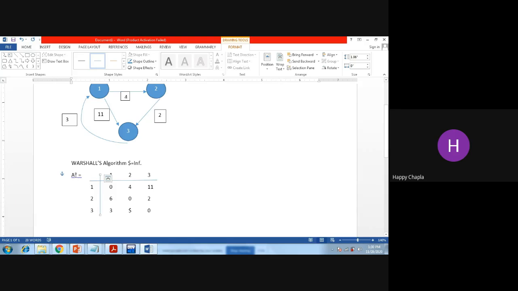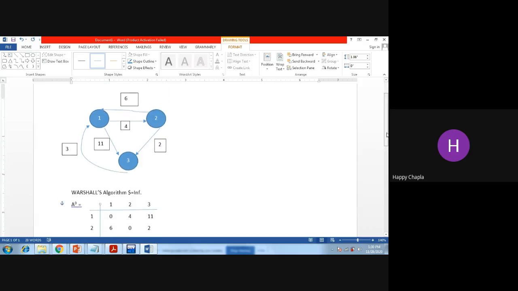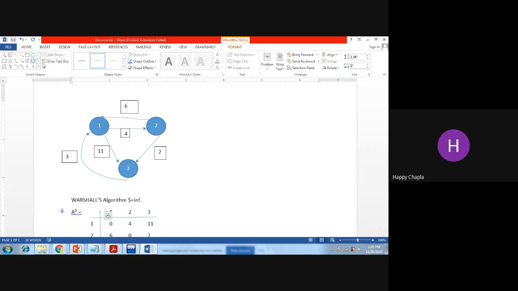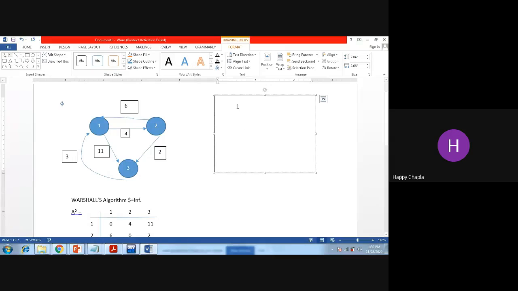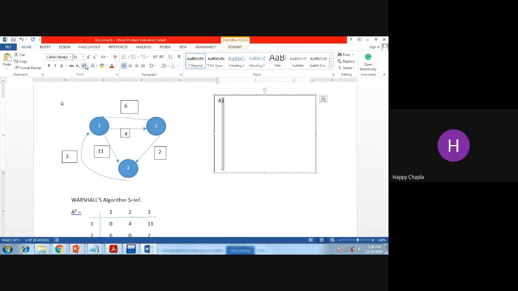Let me draw that one so you can easily understand. If I write downwards, then our figure is not visible, so I write A1 over here.